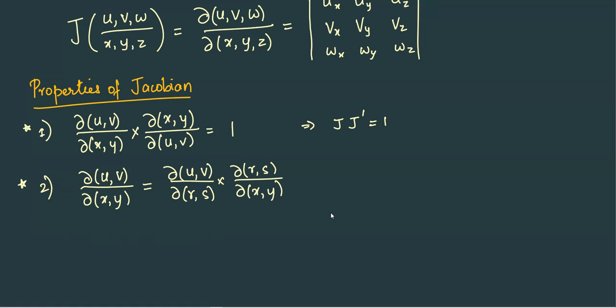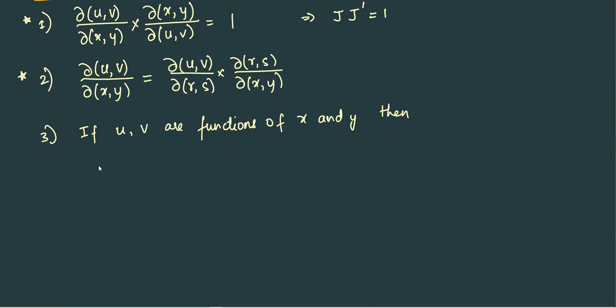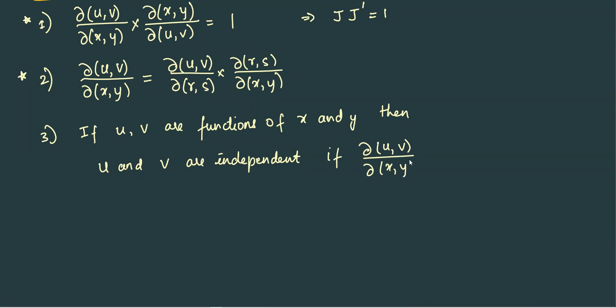Now, this is another one. If u comma v are functions of x and y, then u and v are independent if Jacobian of u comma v with respect to x comma y is not equal to 0.